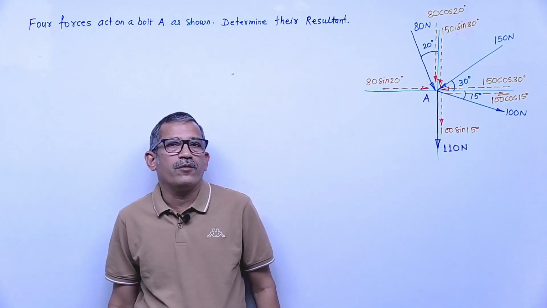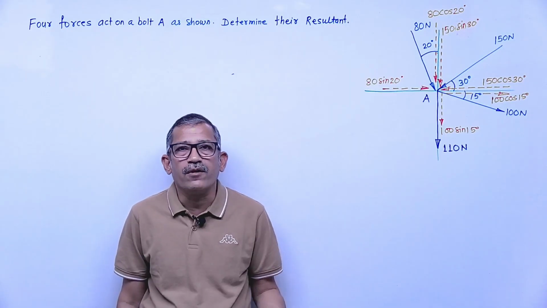What is the method to find the resultant? First we find Rx, then Ry, then R and theta.